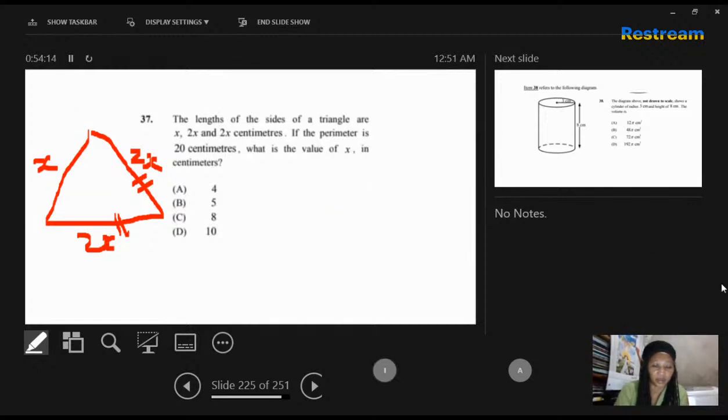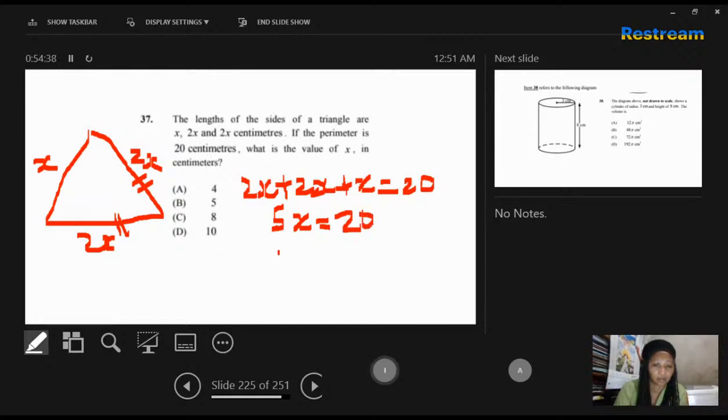So we're going to say x plus 2x plus 2x equals 20. That would be 5x equals 20. We'll divide 20 by 5 and x by 5. And that would give us x equals 4, which is B.